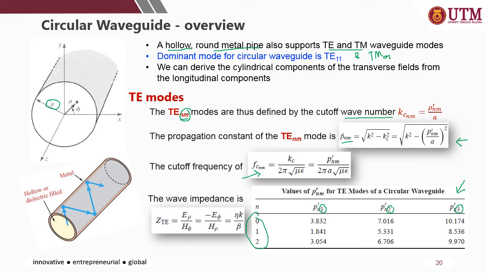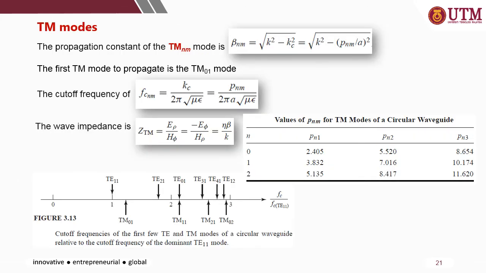While the wave impedance for the TE mode, ZTE, equals the intrinsic impedance times the wave number divided by the propagation constant. For the TM modes, the propagation constant is given by beta nm.